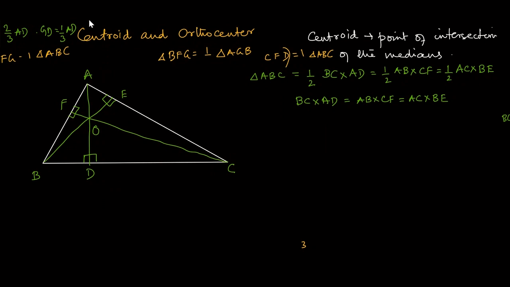Now we can also use the similarity of triangles. For example, if I take triangle BFC and triangle BAD, what can we see in these two triangles?